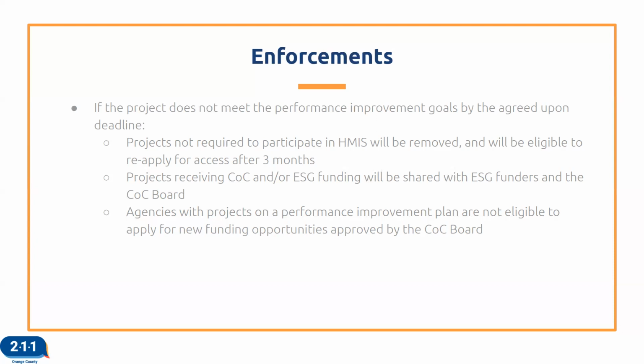So you all will have the opportunity to review the full plan, and then you can submit any feedback to the help desk, and we can incorporate your feedback. And then in January, we are planning to bring this data quality plan to the Policies, Procedures, and Standards Committee, and then hopefully also to the COC board in January for approval. If it's approved in January, then we will be releasing it to the agencies.